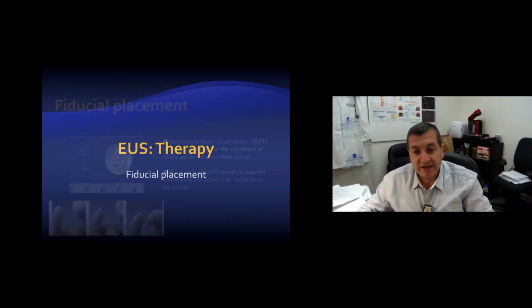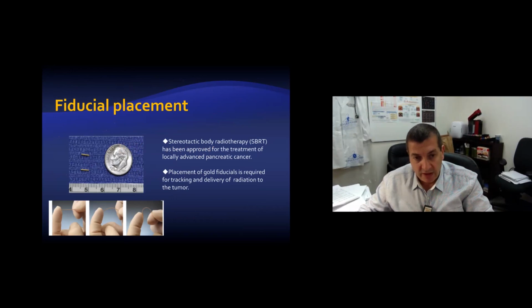You can use EUS to place fiducial markers. They are basically markers that are very visible by X-ray or by imaging, and they help locate the tumor and speed up the part where the radiotherapist has to adjust the body correctly to start radiation therapy.